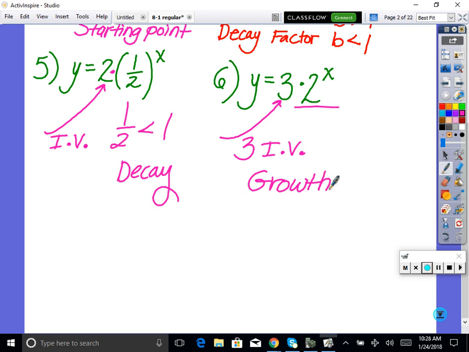So you would say, this is how I kind of show my work. 2 is larger than 1, therefore it's growth. Now let's make sense of this. If I plug in a 1 here, wouldn't that be starting with 3, we're timesing by 2 one time, putting us at 6. Awesome. And if I put a 2 here, then we're taking 3 and we're timesing by 2 twice, which would be 12. Does everybody see? So it's getting larger and larger. Okay, cool.